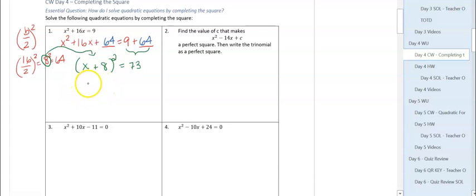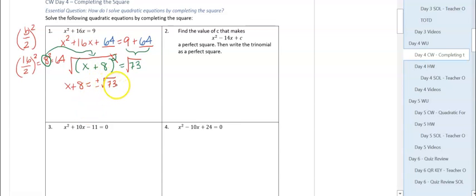So in order to actually solve this problem, I now have to square root both sides. So now I have x plus 8 equals plus or minus the square root of 73. Remember, whenever you take the square root, there's a positive and a negative value.